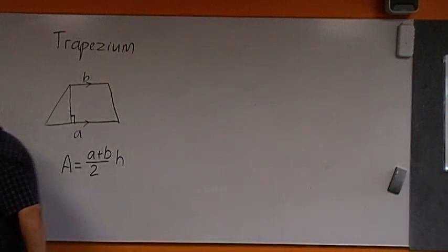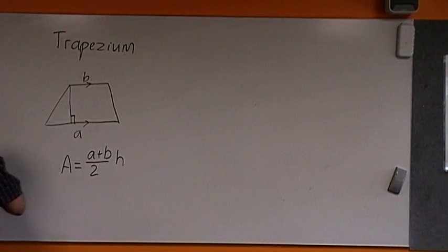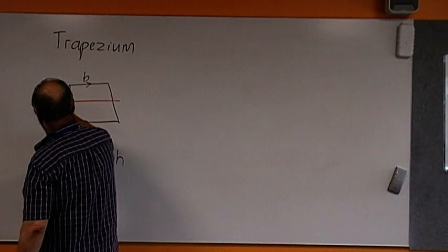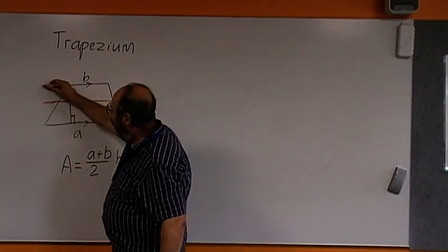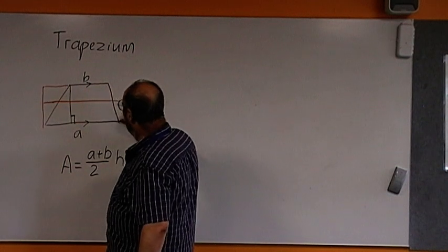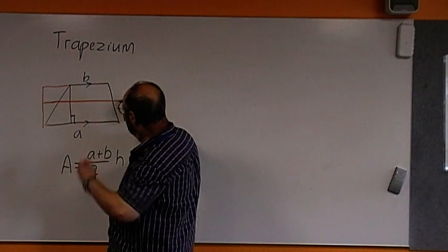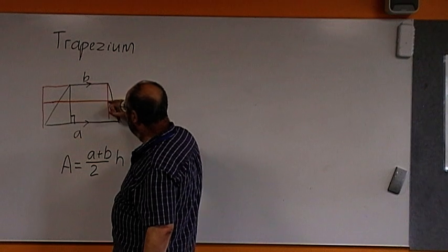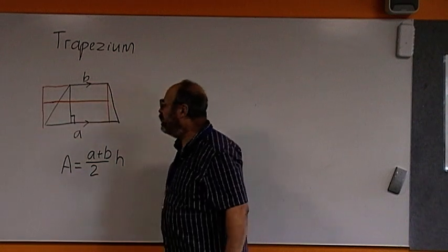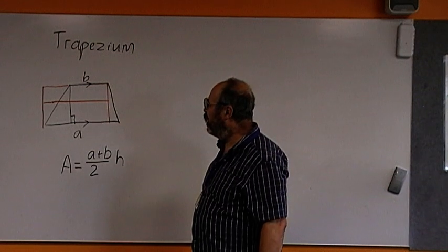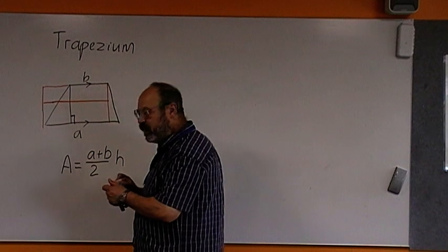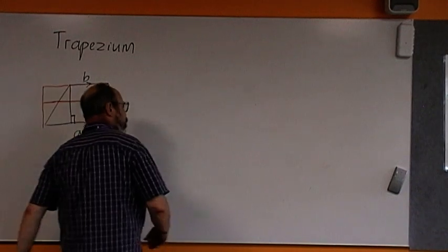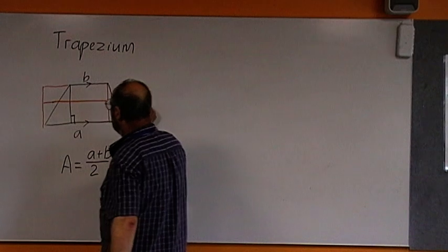So if we draw a line whose length is the average between them, we will get a rectangle, where one side equals the height and the other equals the average of the bases.